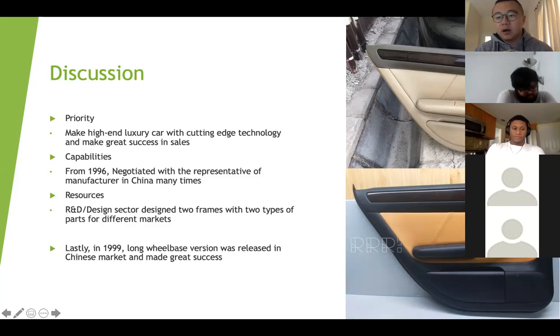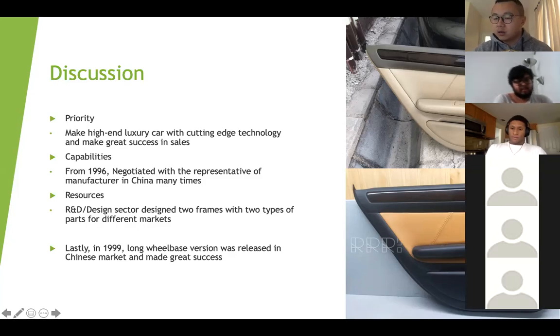You can see in the picture the difference between the two cars in the door. Here is the rear side door of the vehicle. Can you see the speaker near the handle? The 9 centimeter longer is here. Can you see the difference?